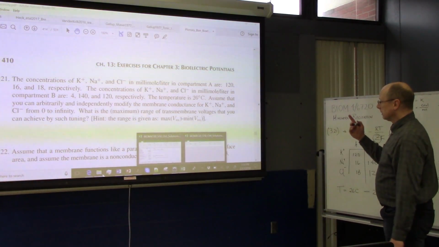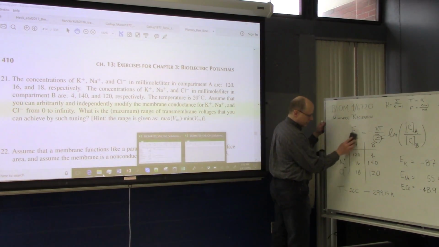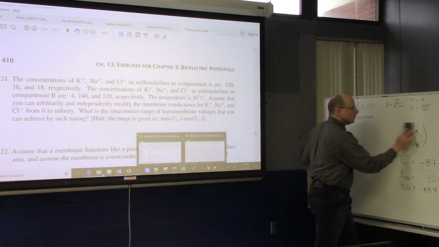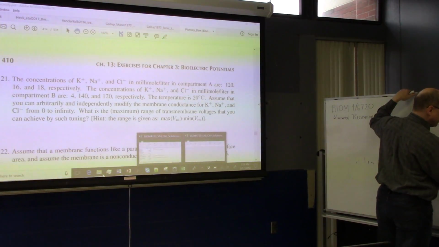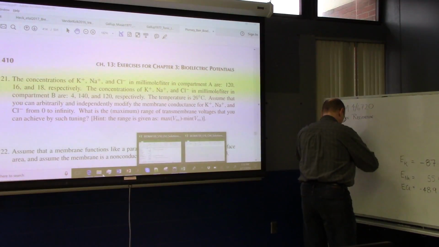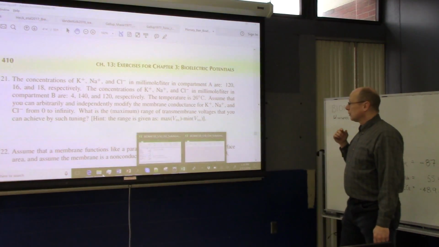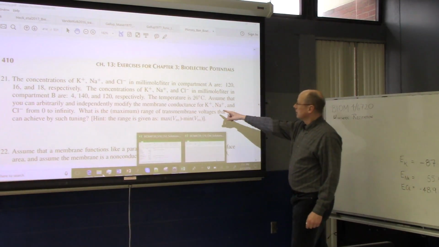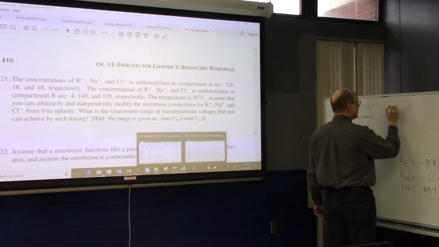Assume that you can do what? Somebody read it to me, please. Modify the membrane conductance for the ions potassium, sodium, and chlorine from 0 to infinity.